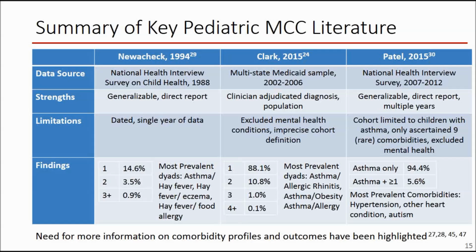So they looked among children with asthma, how many had additional chronic conditions. And they found about 5.6% of the asthma cohort had additional chronic conditions, including hypertension, heart conditions, and autism. However, they listed a very specific number of chronic conditions. It wasn't a full set of conditions. It was more severe conditions that one might be interested in from a CDC public health perspective.